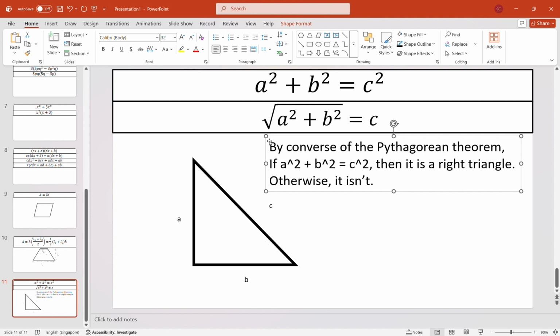Since they are the same, we can put this as root of a squared plus a squared, which is root 2a squared, which equals c. The a squared and the root cancel out, giving us c equals 8 times square root of 2. Okay, bye.